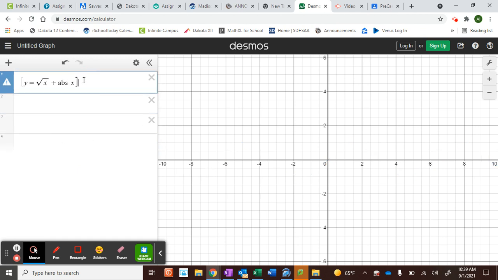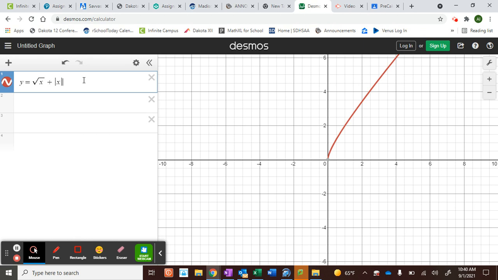All right, how do I do absolute value symbols here? It's on the backslash. Control shift backslash. Shift backslash, there it is, absolute value of x. Okay, so that function looks like that.